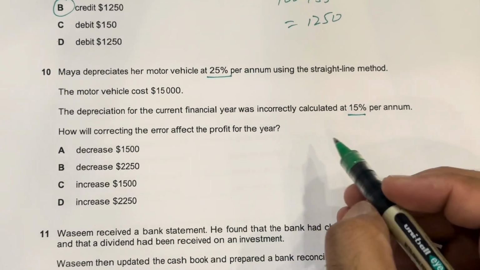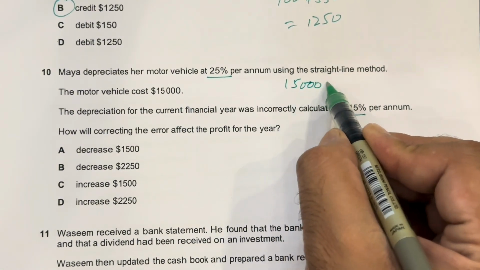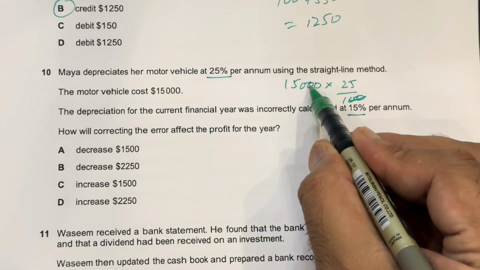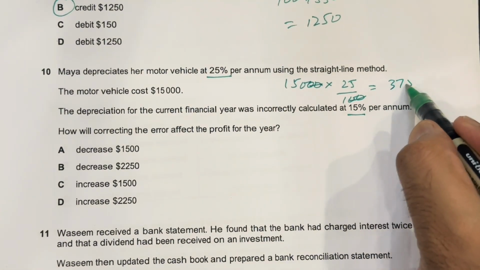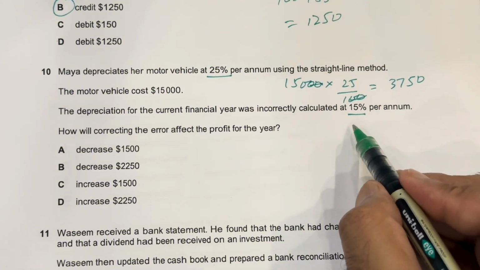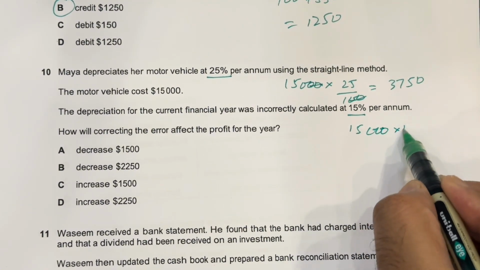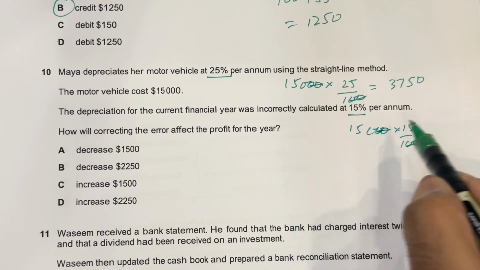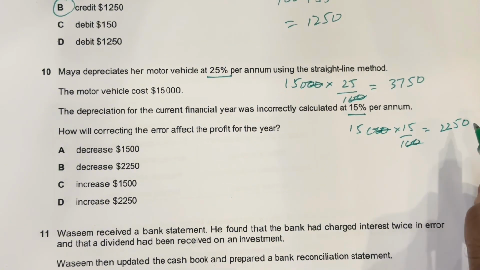So first we need to calculate the original depreciation value: 15,000 multiplied by 25%. 150 multiplied by 25 would be 3750. What we actually calculated was 15,000 multiplied by 15 over 100, which is 150 multiplied by 15, 2250.